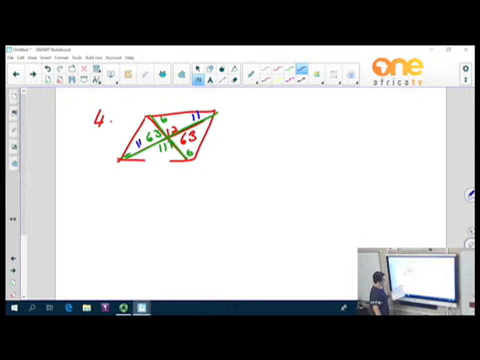So to calculate the length of QR now, that's what we want to find. So we can work in this triangle there, and we can work then with cosine. We can work with cosine to calculate that one, right?